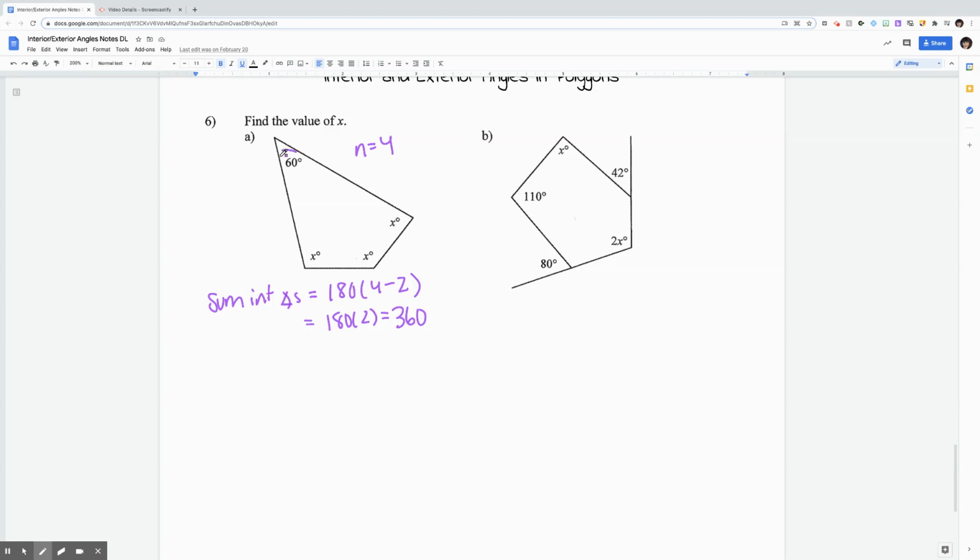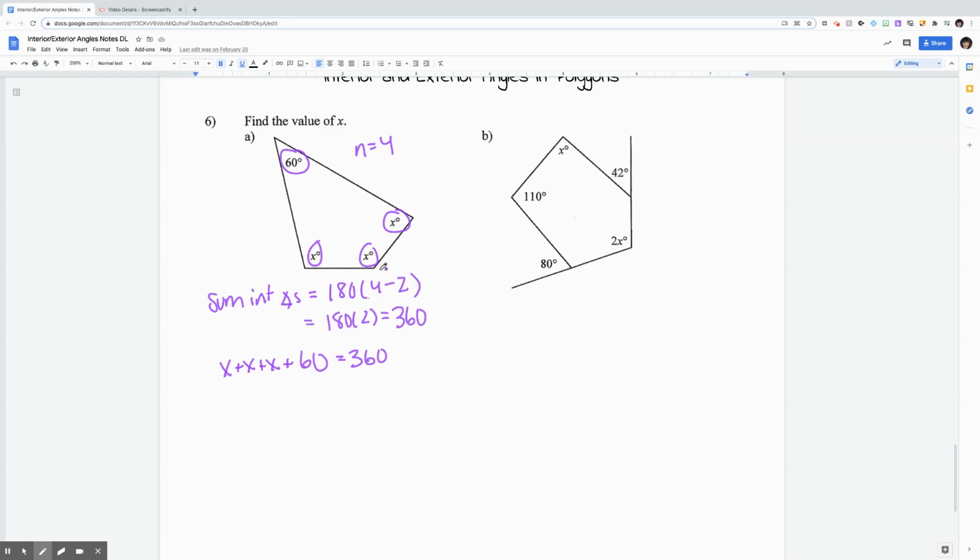So these angles here, 1, 2, 3, and 4, are all the parts of this whole, this 360, right? So what I'm going to do is add all of those parts. So I have x plus x plus x plus 60 equals 360.